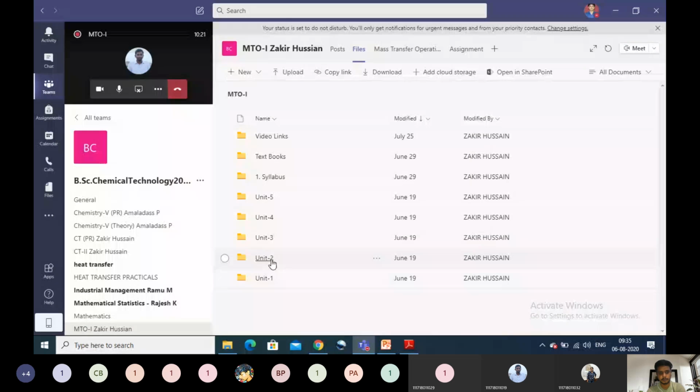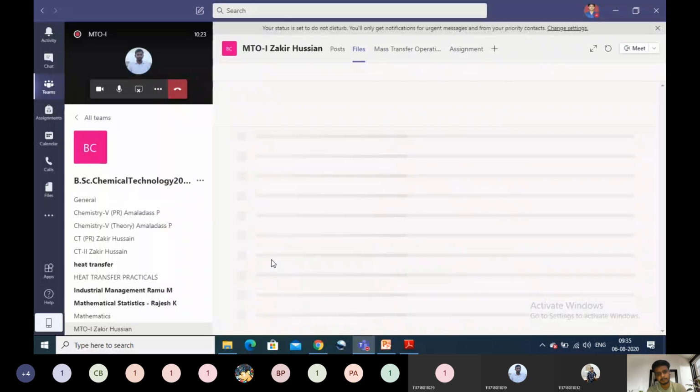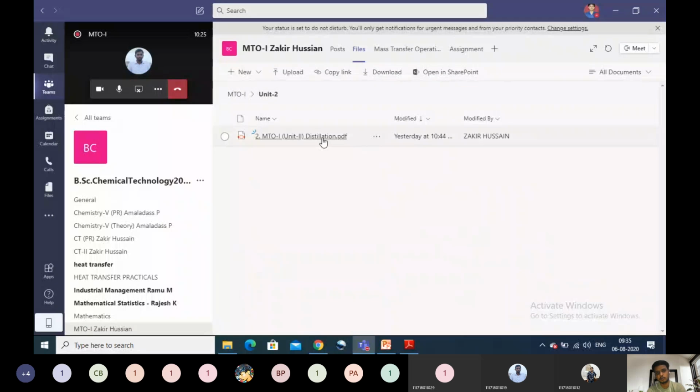Here Unit 2 is there. Another day, we will start this Unit 2, distillation.